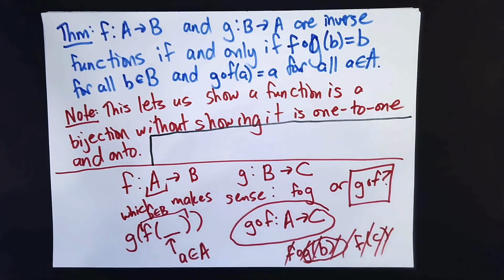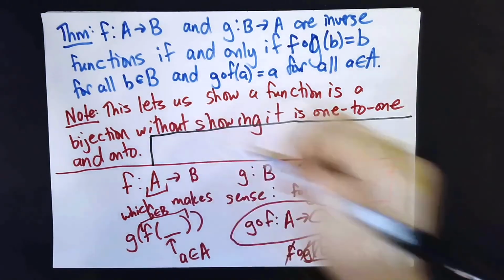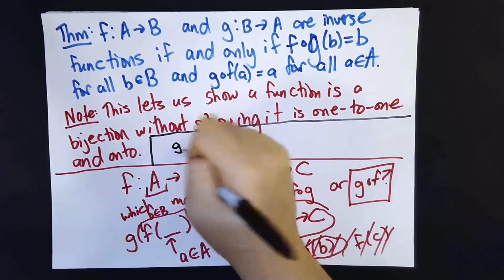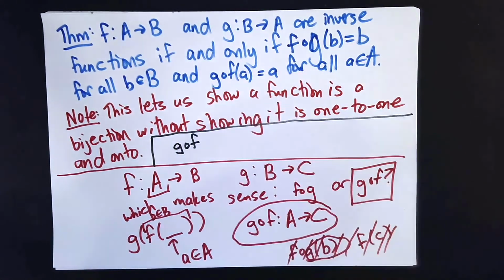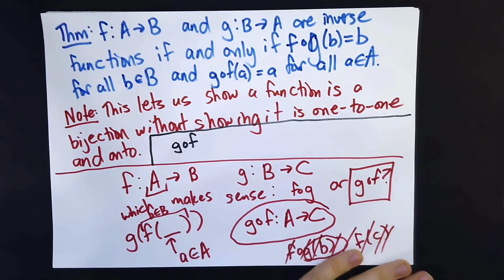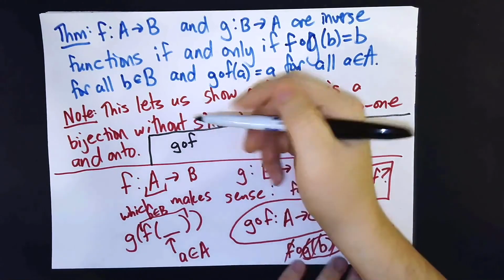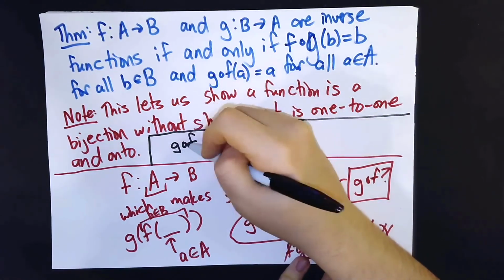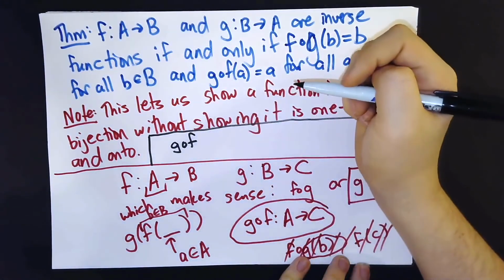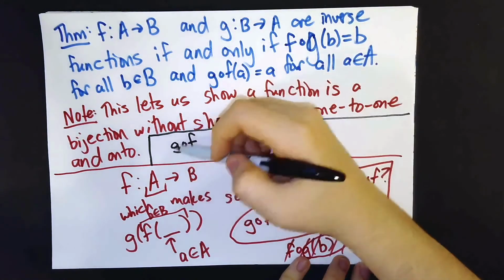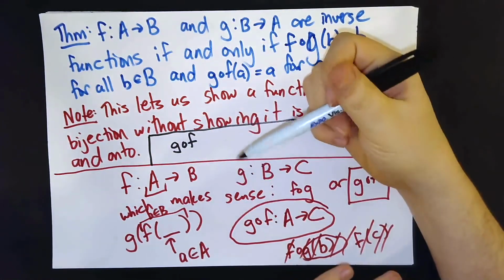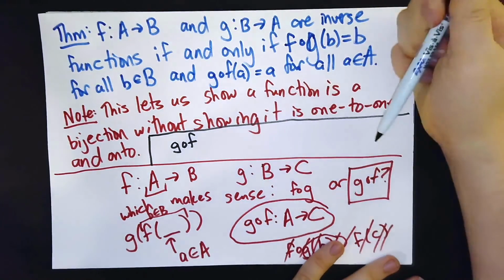We read from left to right. But when I look at a function composition, like g of f, it's actually read from right to left. Namely, if I have the function g of f, or even h of g of f of z or whatever, however many functions you want, I'm always reading them from the right to the left.